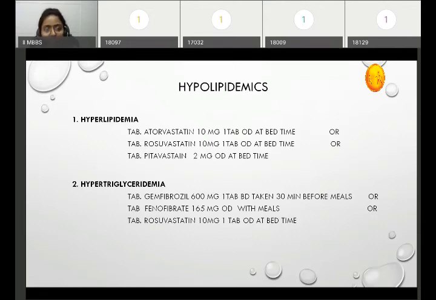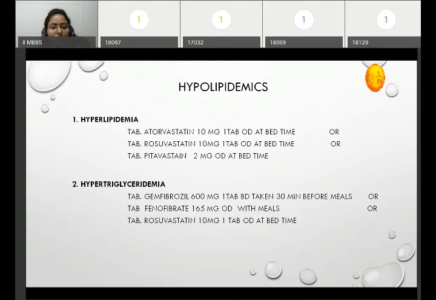Among these, atorvastatin, rosuvastatin, and pitavastatin have a longer half-life as compared to other statins. For atorvastatin, it is mainly 12 to 18 hours. Rosuvastatin, it is 18 to 24 hours. And for pitavastatin, it is less, that is 12 hours.